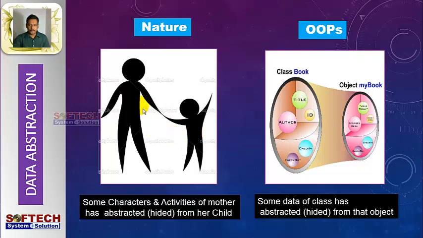All features of the parents are derived to the child at the time of birth. But some diseases, characters, activities, and habits are hidden. This is data abstraction. Data hiding or data slicing is data abstraction. Some additional features are added to that child. So this is a way of nature.